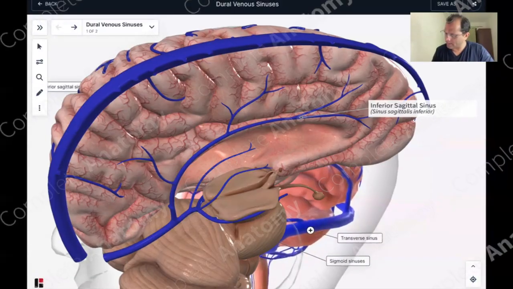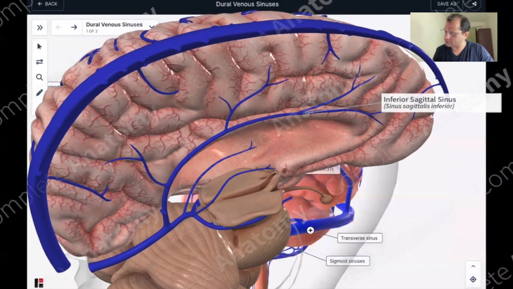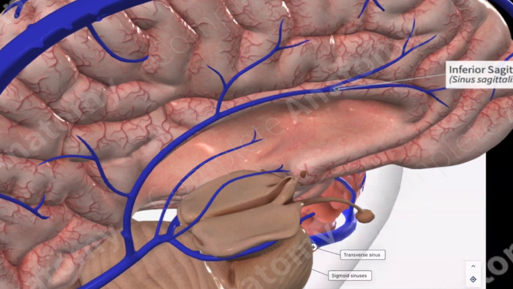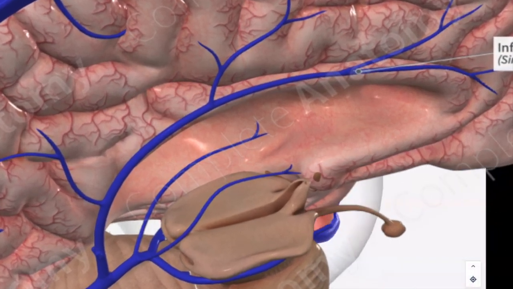Now, one pipeline in the lowermost part, we can see here, that will be bringing the blood from the very deep inner part. We are working on the superior sagittal sinus, which takes the blood and drains it in the internal jugular vein. If we go a little deeper inside, one pipeline is going down, down, down, and that is also draining the blood in the internal jugular vein.